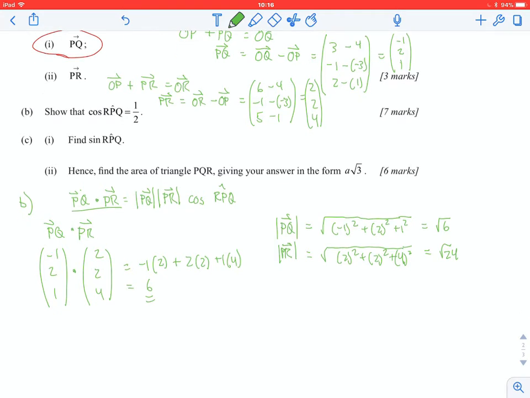Now we can take all of this information, take the definition of our dot product, and rearrange it in terms of cosine.